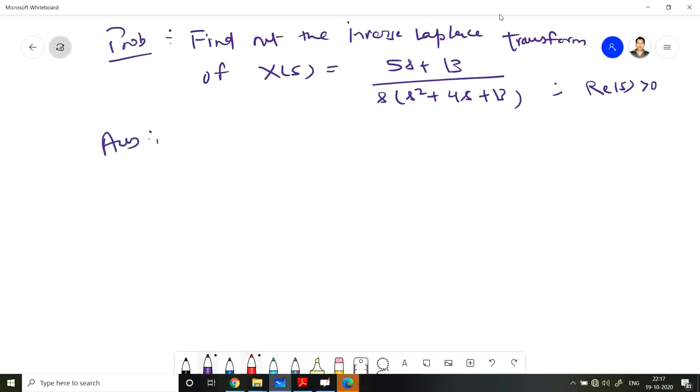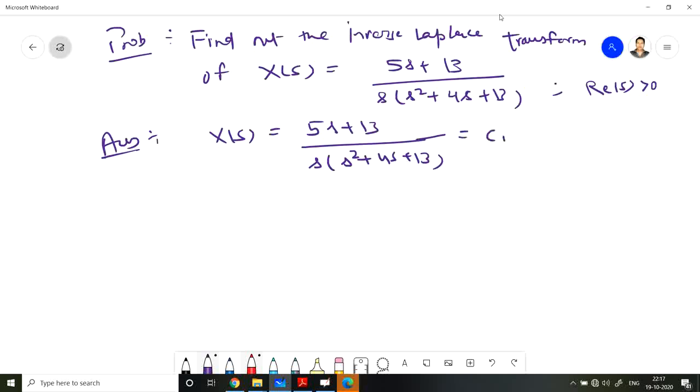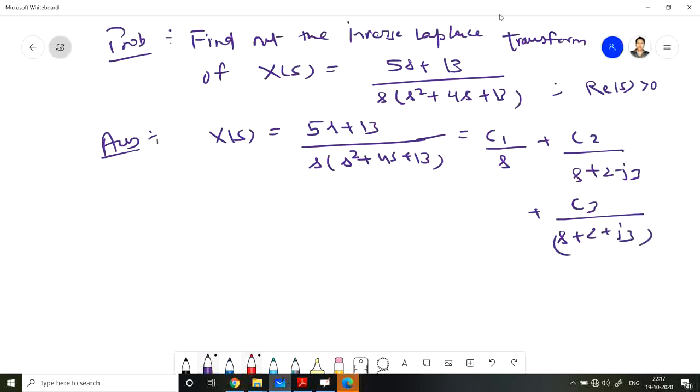So the answer is, X(s) is given as (5s + 13) / (s² + 4s + 13), and it is written in this form: c1 divided by s, plus c2 divided by (s + 2 - j3), plus c3 divided by (s + 2 + j3).